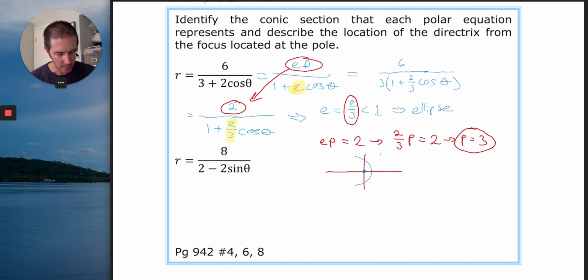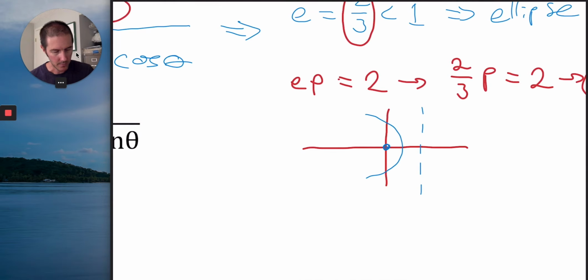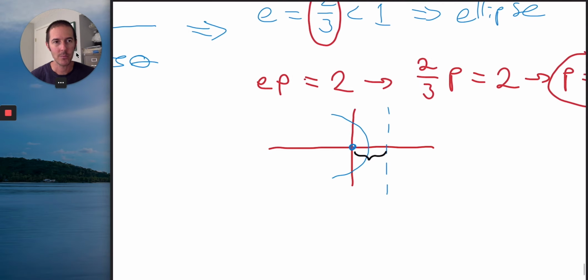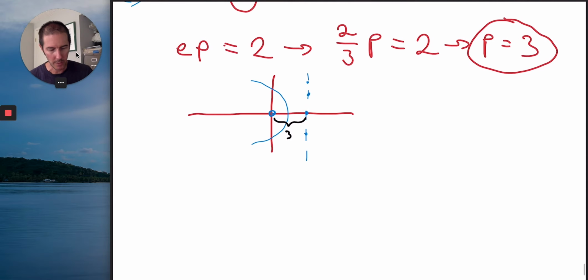The directrix is, as I like to call it, behind the curve, and in this case, the distance from the focus to the directrix is our p-value, which we just determined is 3. So now we could write an equation for the directrix. It's a vertical line. Every point on this dashed line has the same x-coordinate. They all have x-coordinates of 3. So the equation for that will be x equals 3.